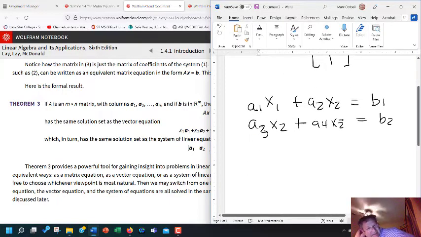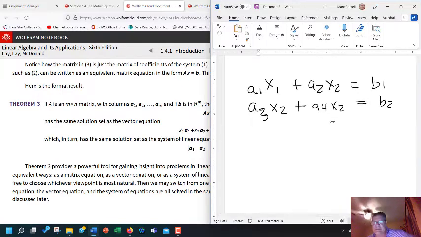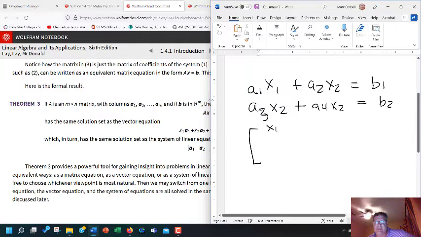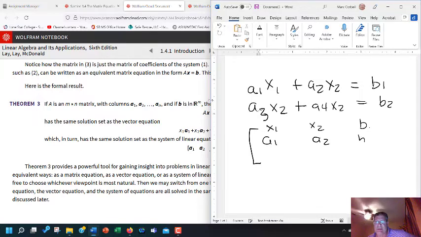If I augment the system completely, representing the x1, the x2, and the b, I would get a1, a2, b1, a3, a4, b2.